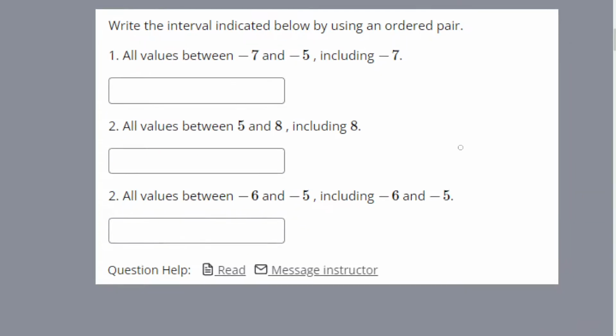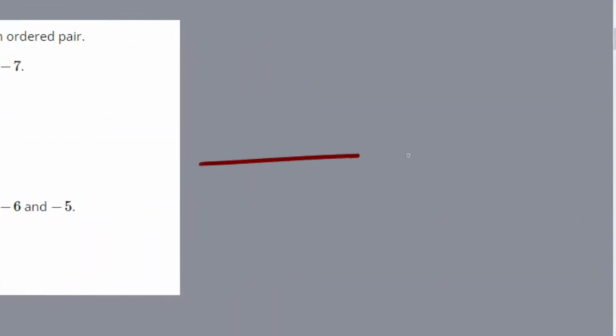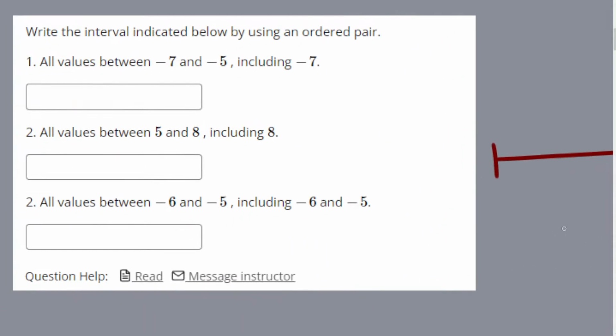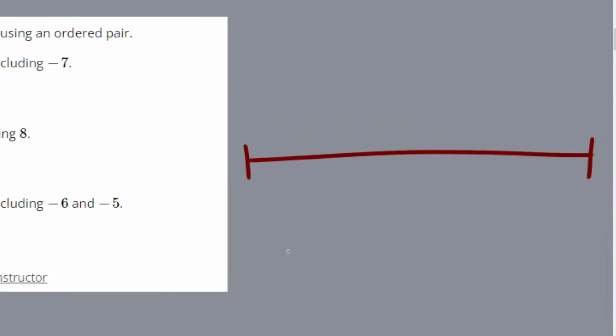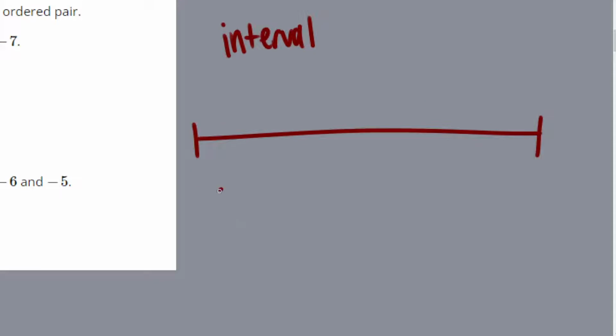Now this one is telling us to write the interval indicated by using an ordered pair. Another concept that we'll be talking about is domain and range and intervals, and there are 2 different notations. The notation that this problem is asking us to write it in is interval notation. So that basically means that if you have a parenthesis, that means it is not included.